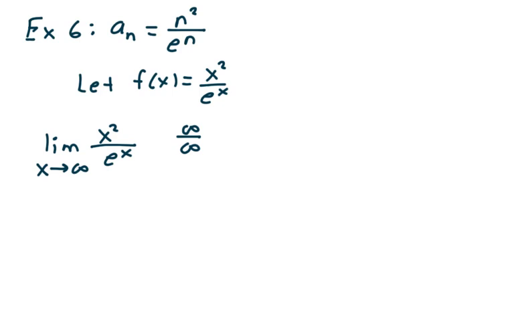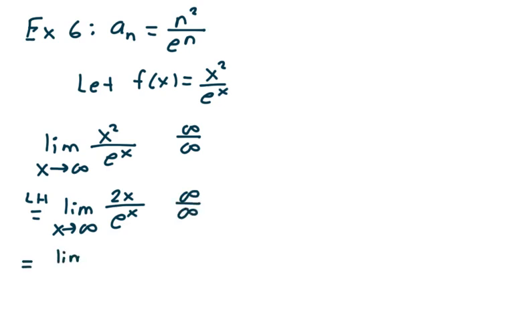So by L'Hopital's rule, and I'll label this LH for short, this is the limit as x goes to infinity of 2x over e to the x. Again, this is of the form infinity over infinity. So this is the limit as x goes to infinity of 2 over e to the x.